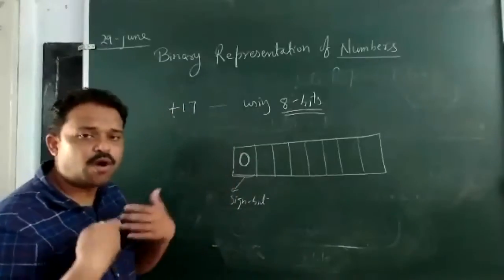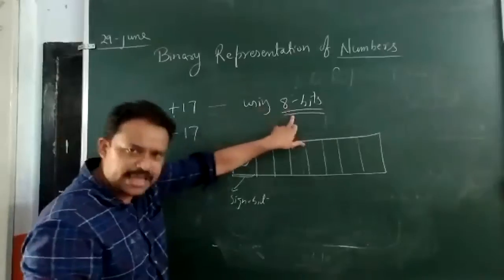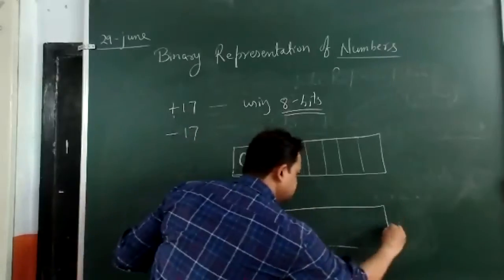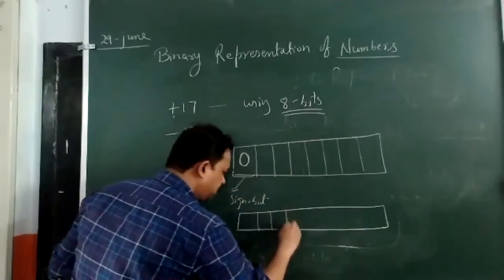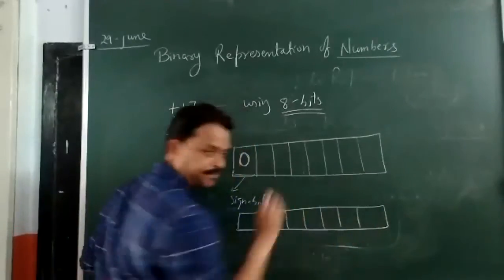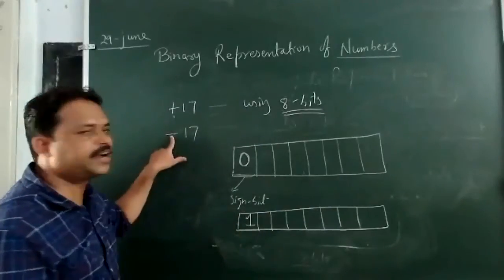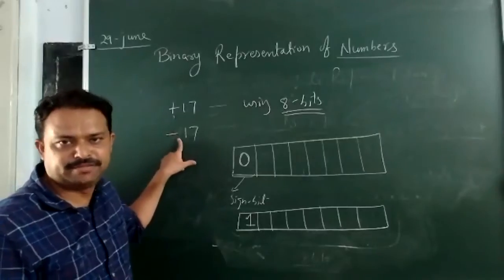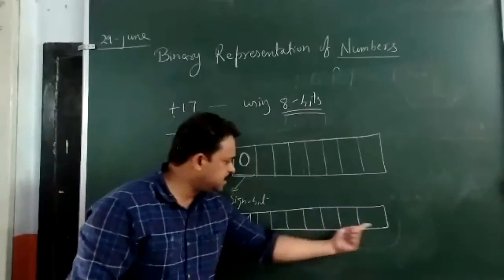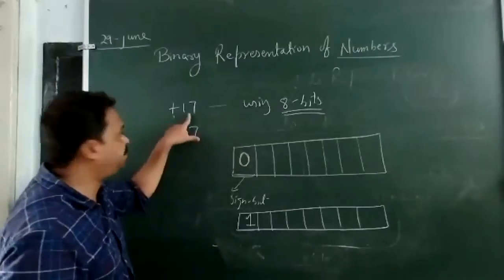Now let us represent minus 17. Using 8 bits, it is possible. So 1, 2, 3, 4, 5, 6, 7, 8. Here I will write 1. Sir, why are you writing 1 here? Because it is negative. Use these 7 bits for representing 17.